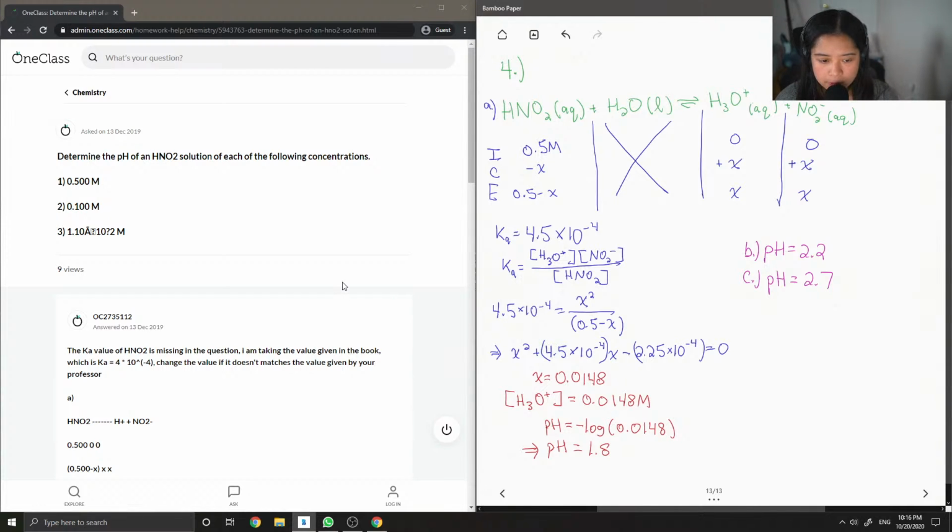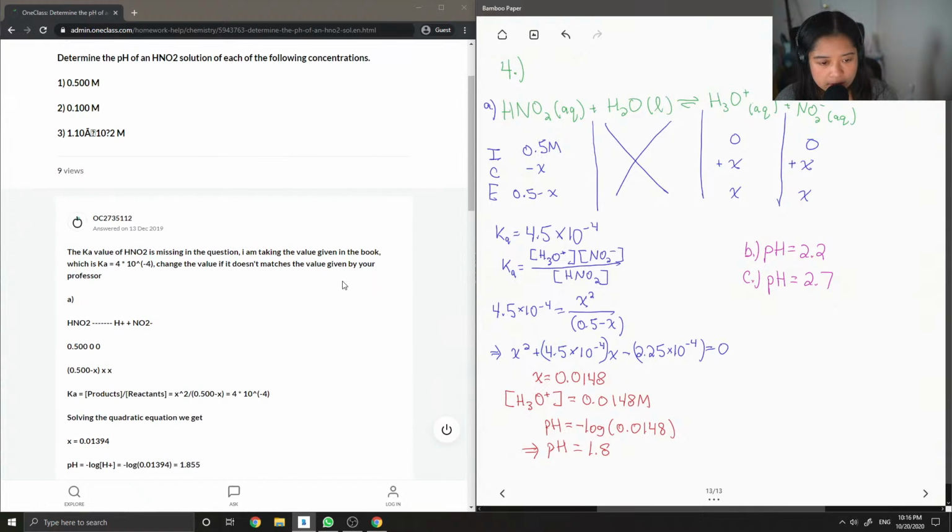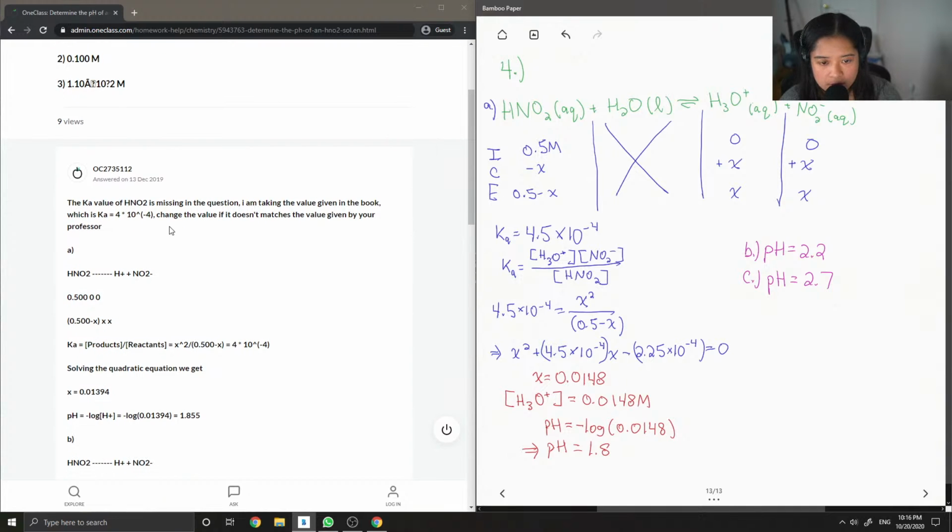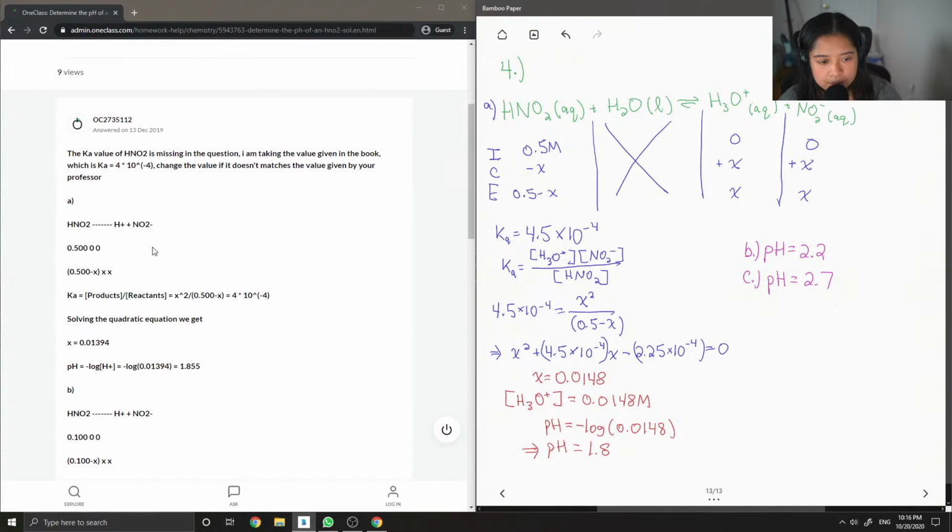So let's see what our junior tutor said. The Ka value of HNO2 is missing in the question. I am taking the value given in the book, which is Ka equals 4 times 10 to the negative 4. So that is similar to what I have as well. And then they wrote out the reaction and made little ICE tables.